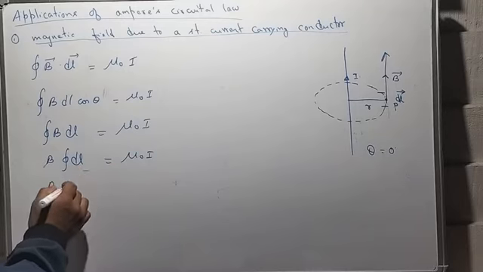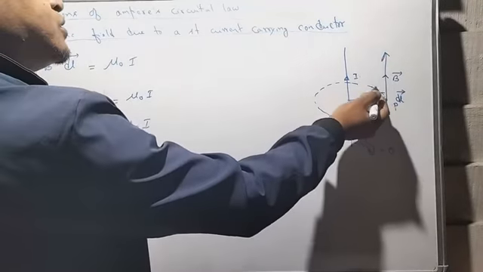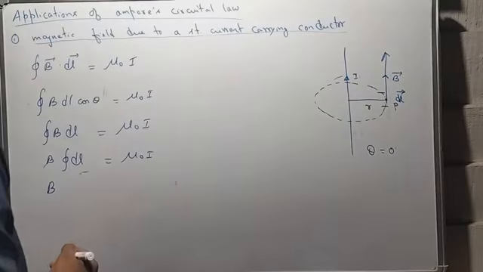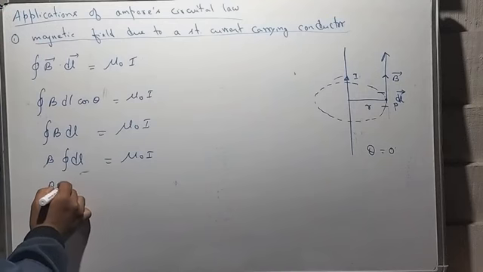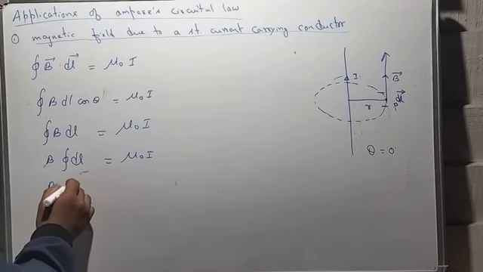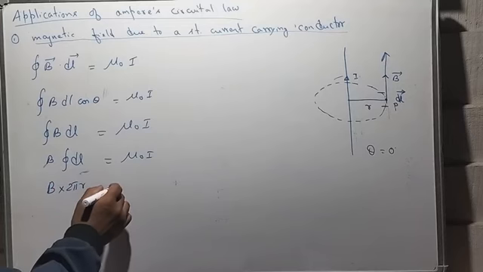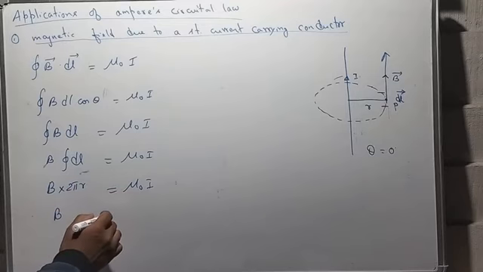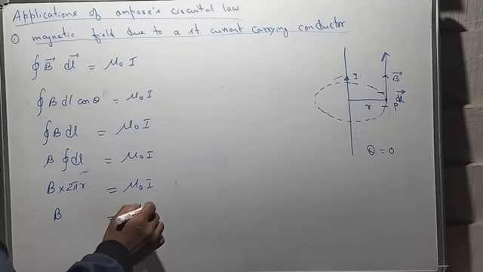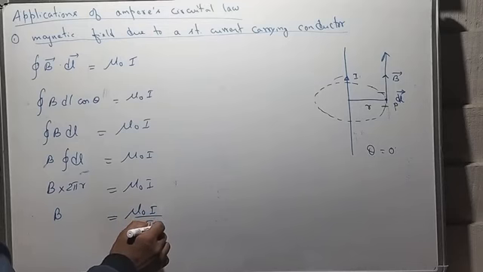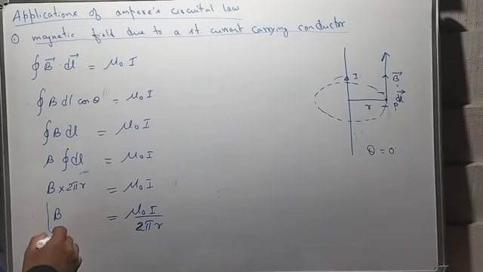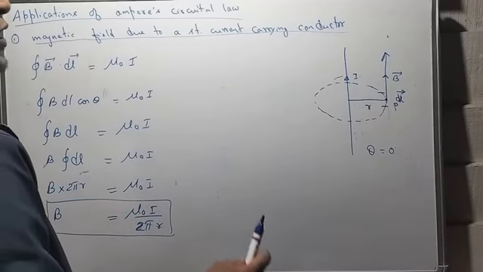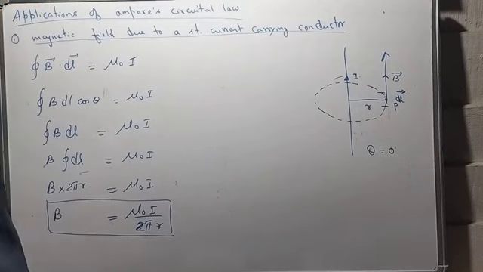The integral of dl means you are finding the total length of the loop, which is the circumference of the loop, 2 pi r. So B times 2 pi r equals mu naught I, or just B equals mu naught I upon 2 pi r. This is my required equation for the magnetic field due to a straight conductor carrying a current I.